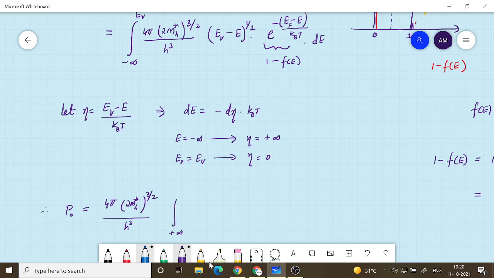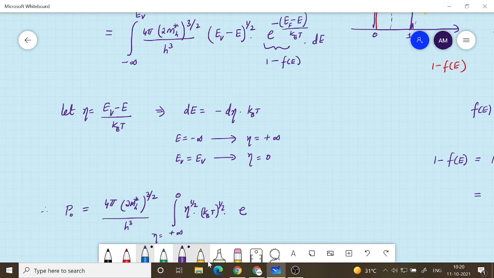integral with eta varying from plus infinity to 0. Now EV minus E all raised to half, so that is eta raised to half into kBT raised to half, into this expression.